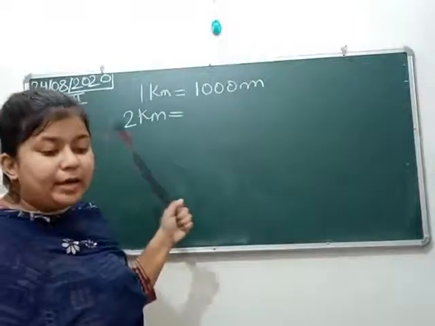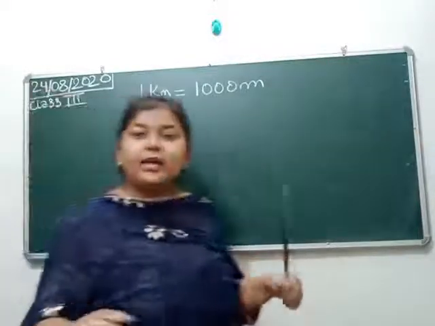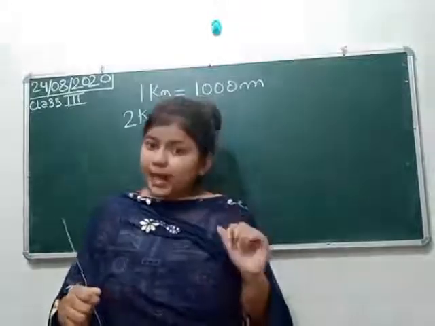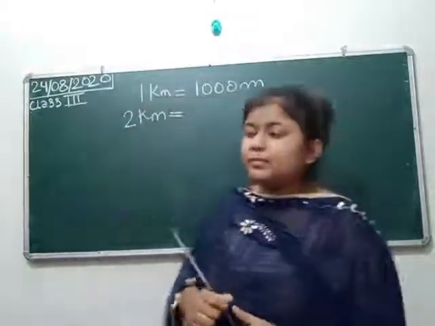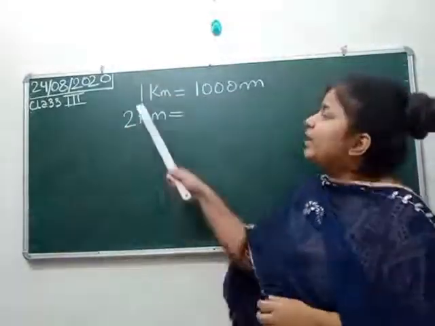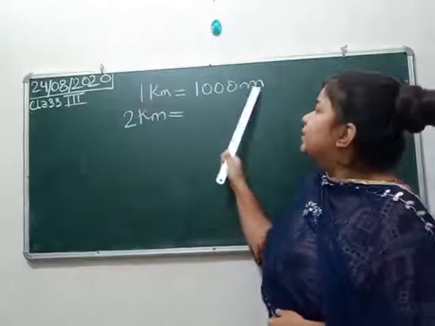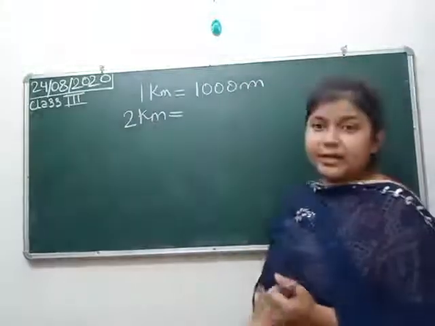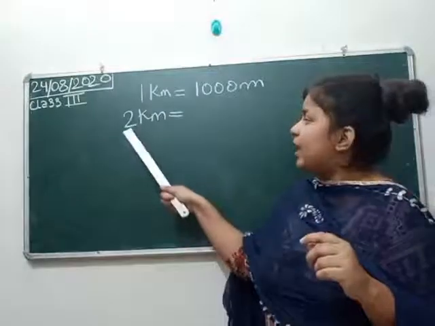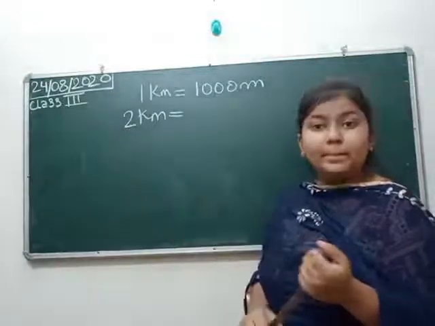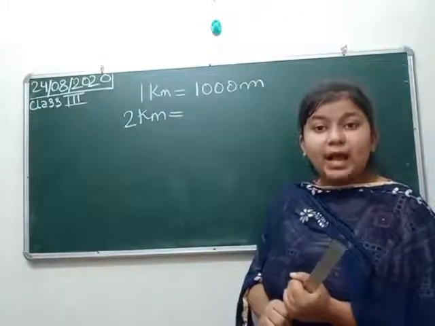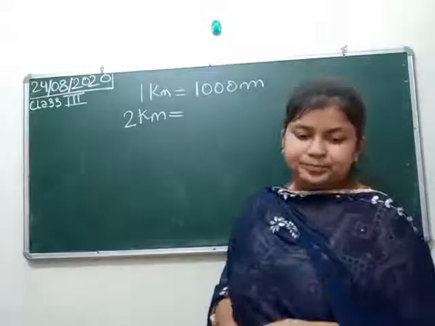Now again, why am I multiplying here? I am multiplying because, see, 1 kilometer equals 1000 meter is given, and I have been asked to find out many. So I have to multiply.